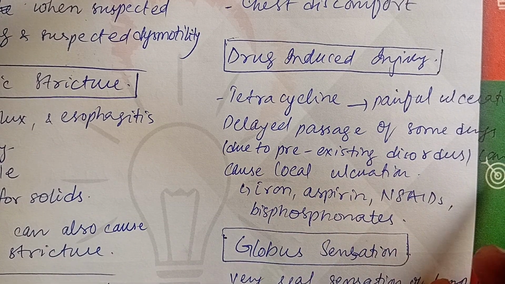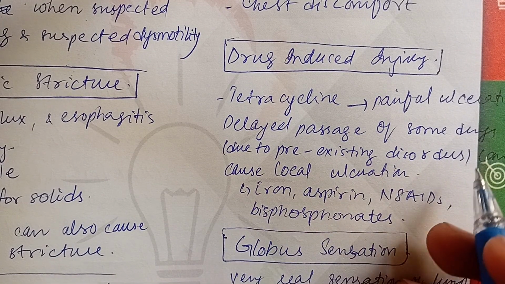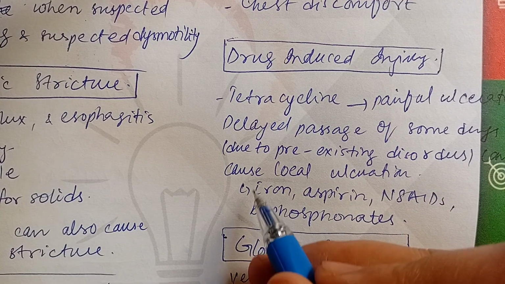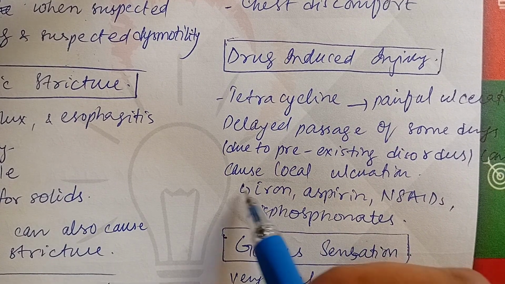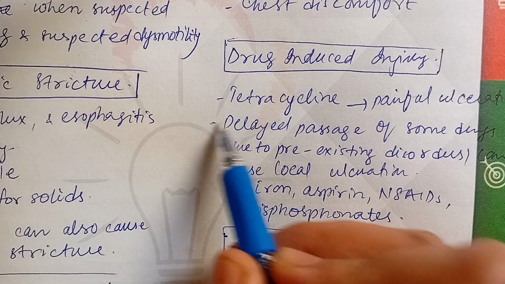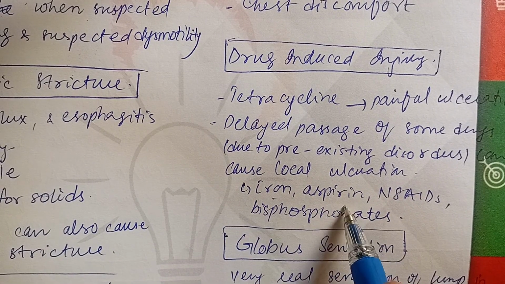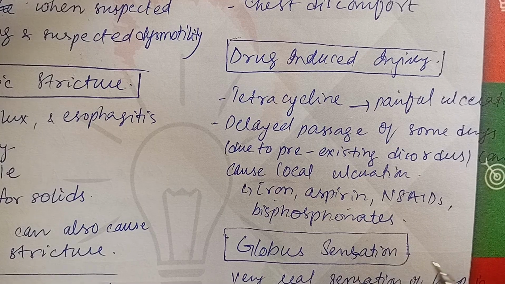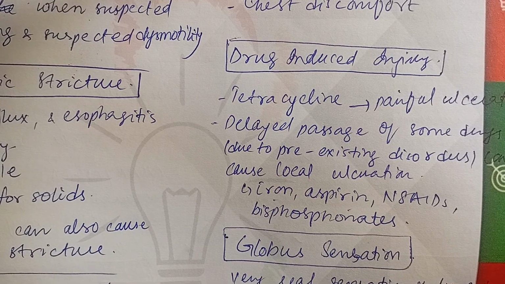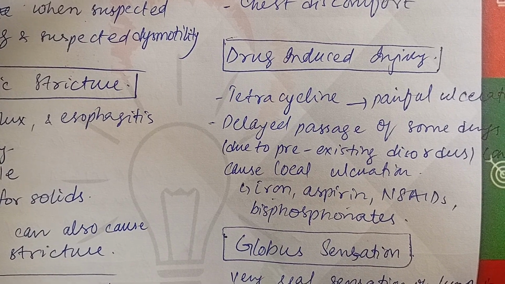Delayed passage of some drugs due to pre-existing disorders in the esophagus can cause local ulcerations. These drugs can be iron, aspirin, NSAIDs, bisphosphonates. These drugs make the esophagus prone to ulcerate when there are already pre-existing disorders present in the esophagus.